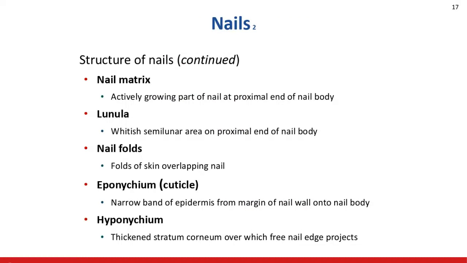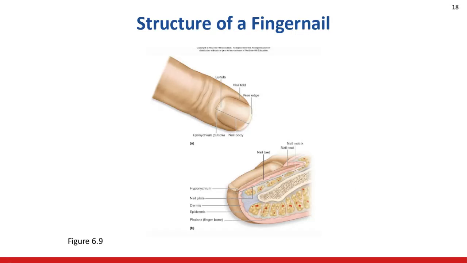Where the nail plate hangs over, where that free nail edge hangs over, that's going to be the hyponychium. And for those of you that have ever gotten a manicure and had your cuticles worked on, where the nail plate has a bit of skin or tissue overlapping onto it, that's the eponychium right over here.